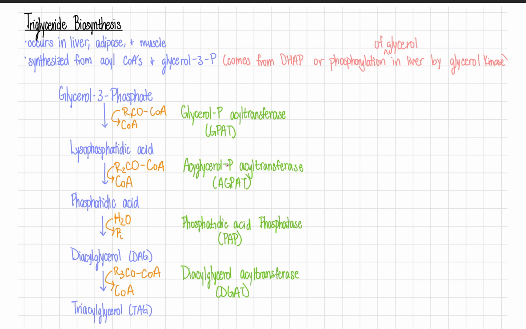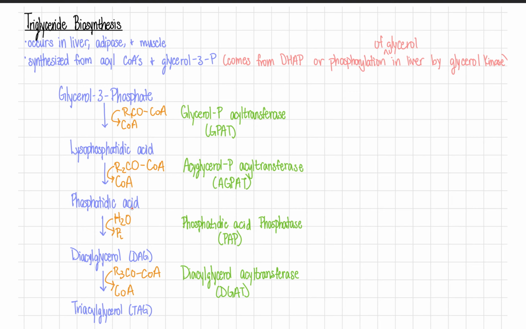Why is it acylglycerol phosphate? Because up here we had glycerol phosphate, but then remember we added this acyl group, so that makes it acylglycerol phosphate acyl transferase. Now we have a glycerol with two fatty acids attached to it, and this molecule is going to be called phosphatidic acid.